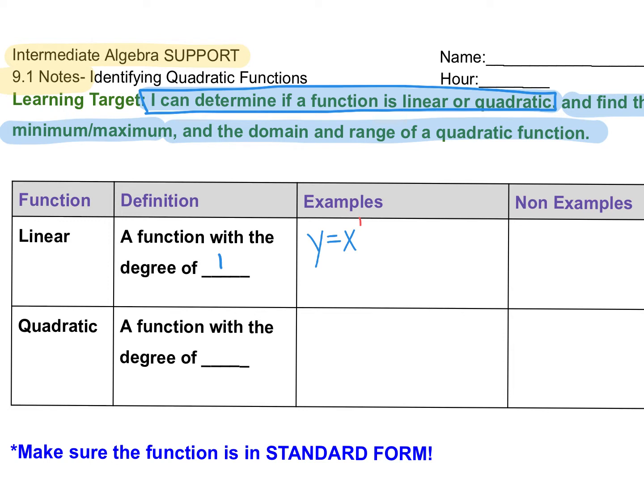Another example might be y equals 5x. Still there's that imaginary 1 as my exponent. We also have y equals 1/2 x minus 5. Again, there's an imaginary 1. That's the only thing we care about. There can't be a bigger exponent, and there has to be an x.